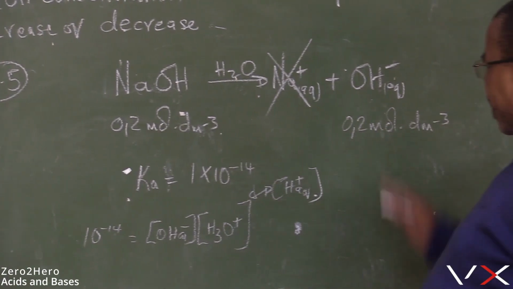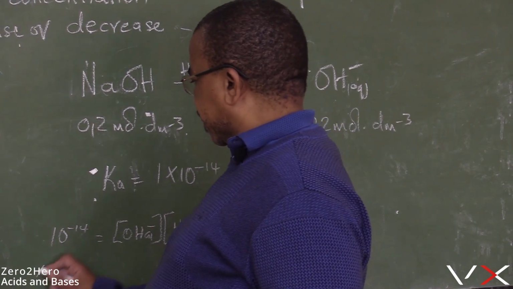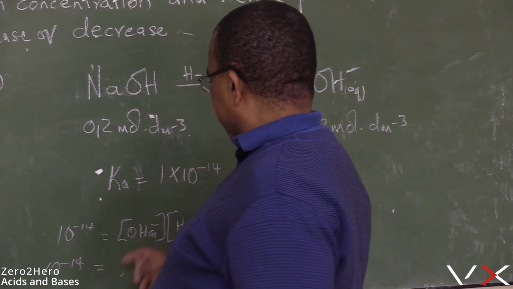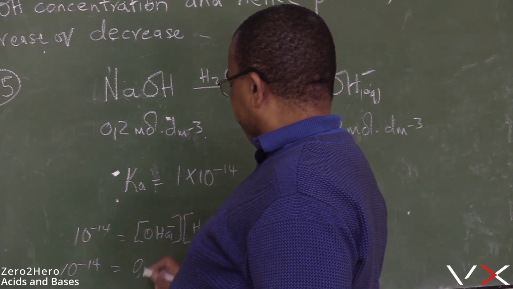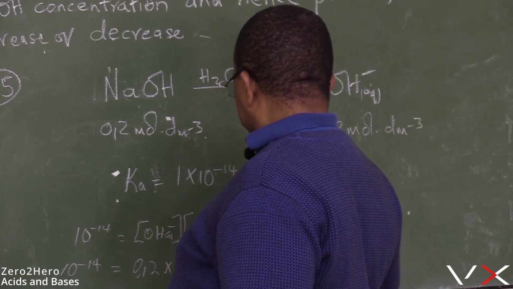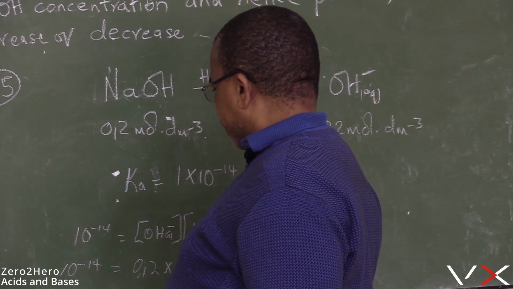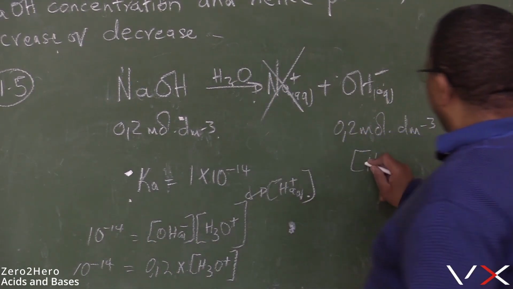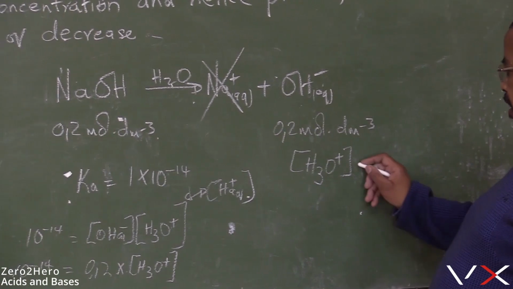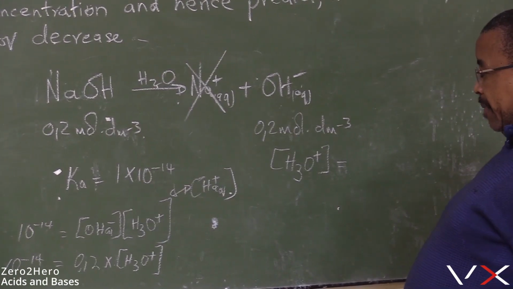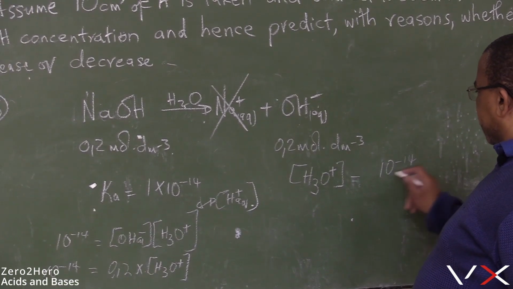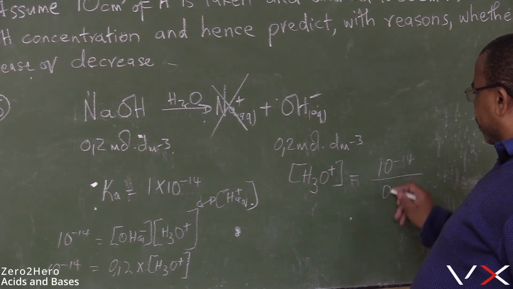Then what do we have? 10 to the power minus 14 is our constant value. OH minus is 0.2 times the concentration of H3O plus. So we have the concentration of H3O plus, hydronium ion, some say oxonium ion, some say hydrated hydrogen, equals 10 to the power minus 14 divided by 0.2.